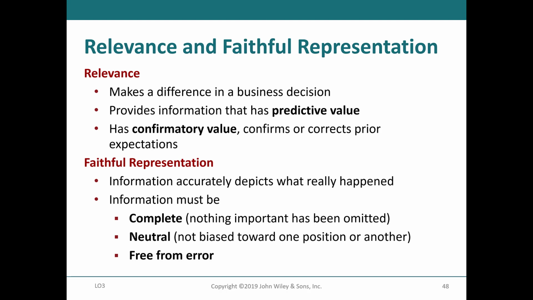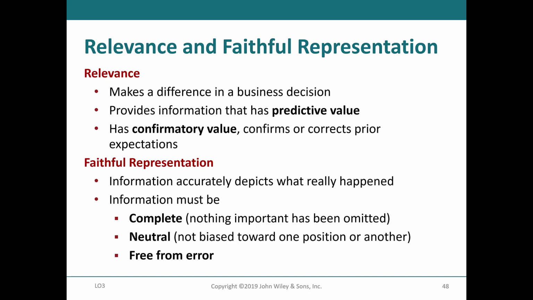Relevance makes a difference in business decisions, provides information that has predictive value, has confirmatory value, confirms or corrects prior expectations. Also, it has to be a faithful representation. That's the qualities of useful information. Information accurately depicts what already happened.